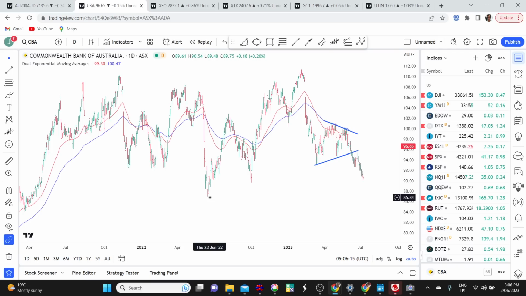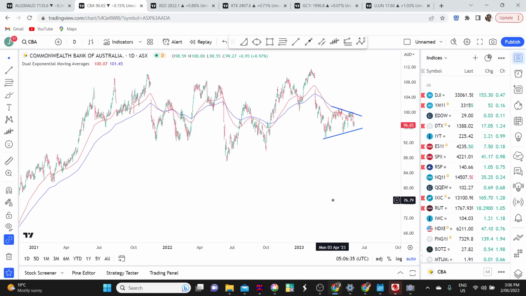When you look at some of the other banks, you'll see similar price action. Westpac's already broken down below its equivalent level, so it's pointing to potentially more near-term weakness in the bank, which is of course a drag on the ASX 200. You look at the big miners like BHP and Rio; they're below their moving averages. They don't look like they're about to collapse, but they don't look like they're about to rally either.